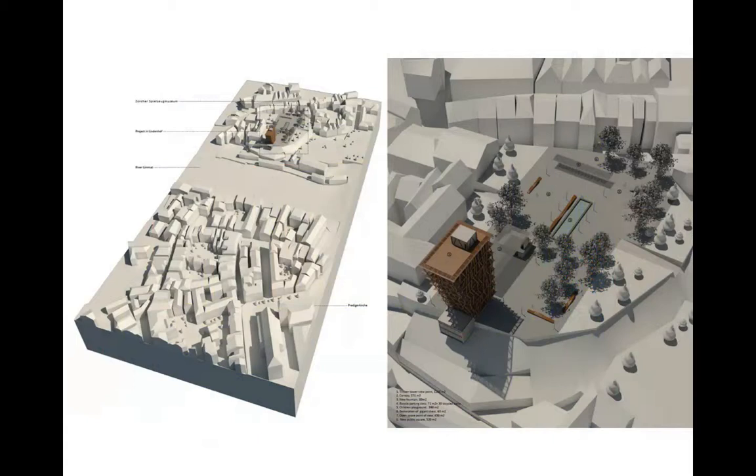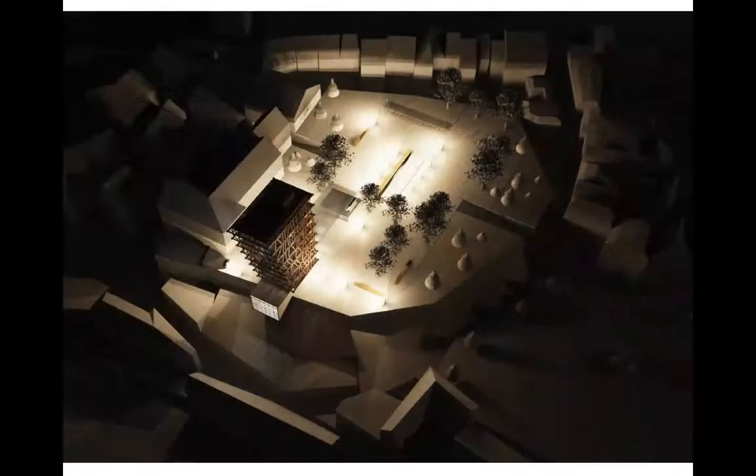And by investing the time early on to make that really good model, that then helps with the design for the rest of the year. So again, these are all Revit renderings. Very effective nighttime renderings.